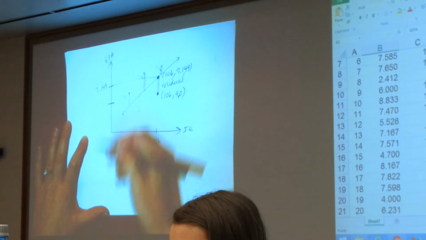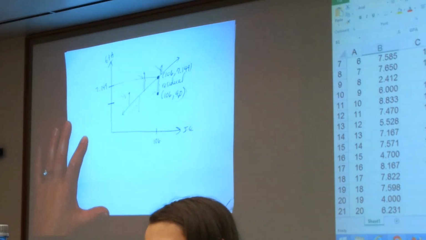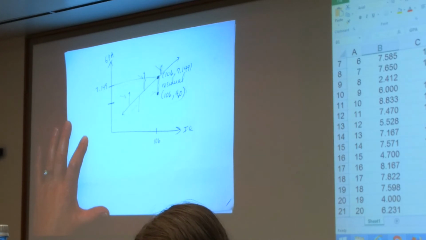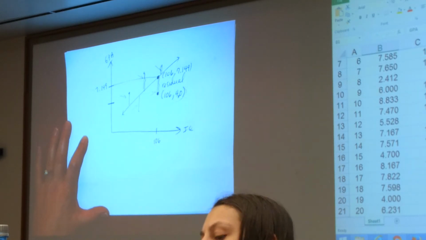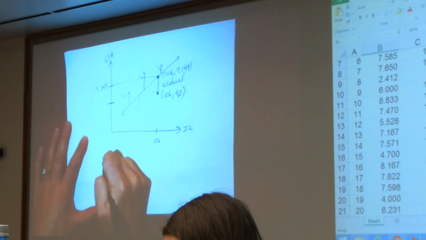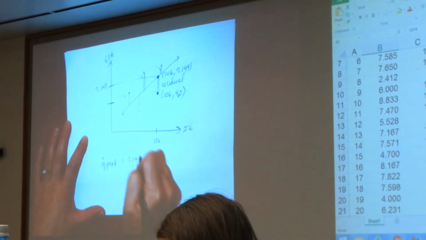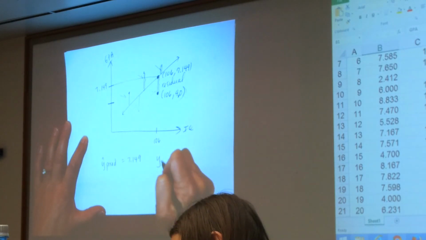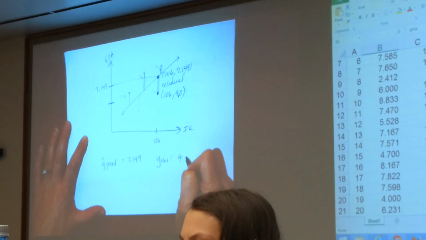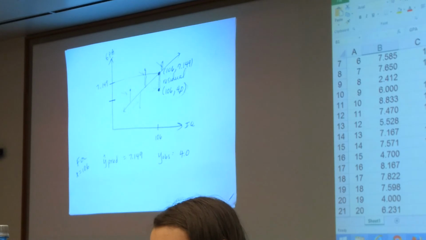Could I do this with any IQ? With any IQ in the list, could I see what GPA goes with it, and then plug the IQ into the line and see what GPA is predicted? So for every single IQ in the list, you could find a predicted Y hat, which is the 7.149, and you can look up the observed Y, which in this case was 4.0. So this was just for an X of 106.